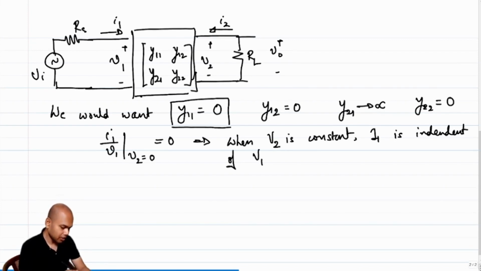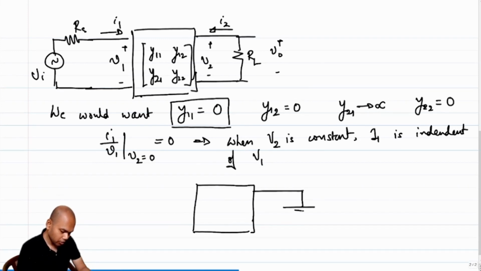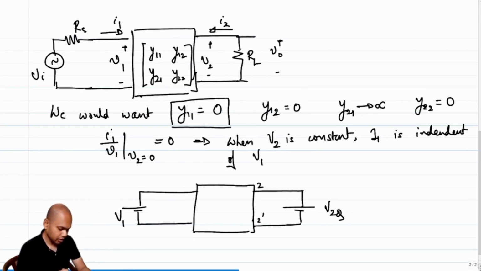So effectively what this means is, if I take this network, hold the output port, that is port 2, with a constant voltage, and I apply certain voltage V1 at the input port, and I observe this current I1, even if I change this voltage V1, I1 remains unchanged.